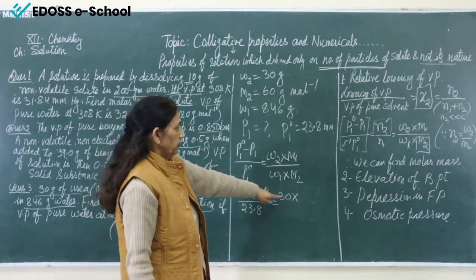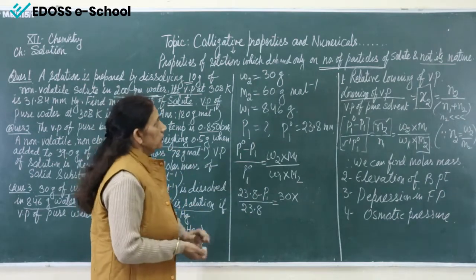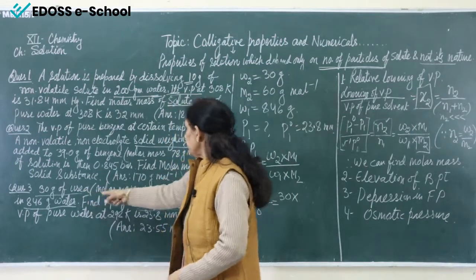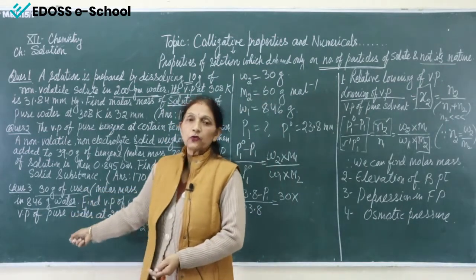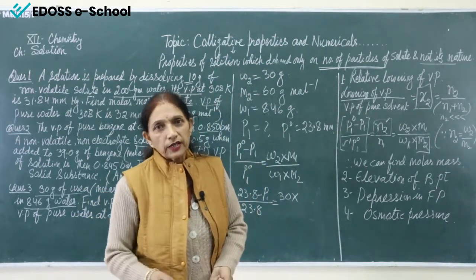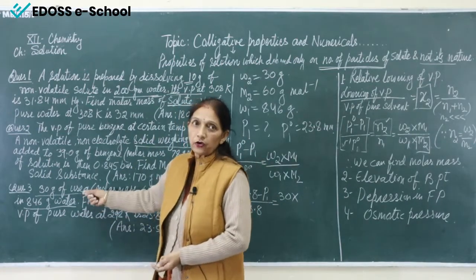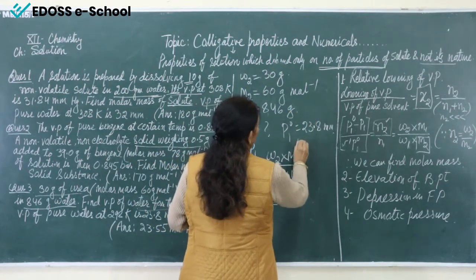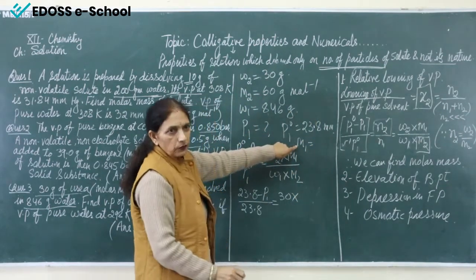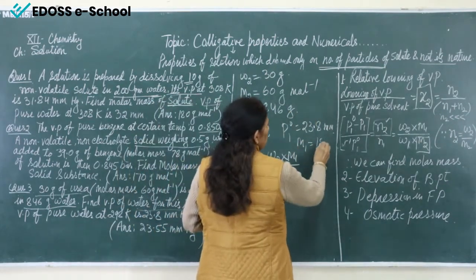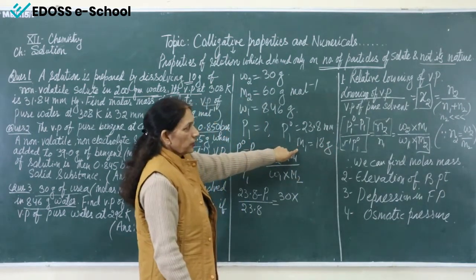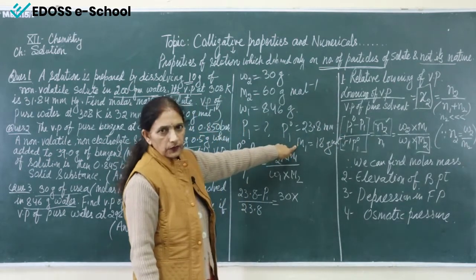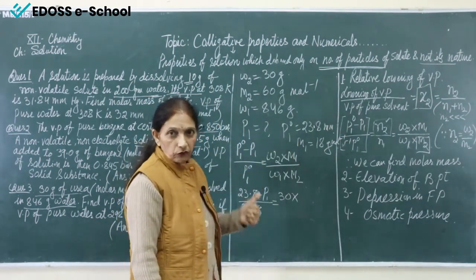And M1. Now see here, we have to see M1. Because urea is being dissolved in water, water is solvent, urea is solute. So M1 will be water. We know the molar mass of water is 18 gram per mole. This is not given, but you have to understand it.